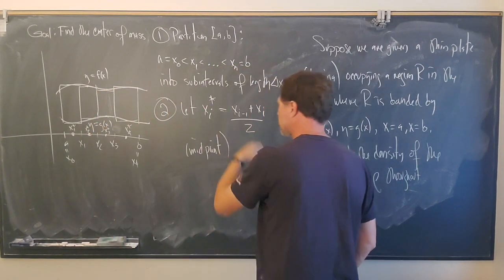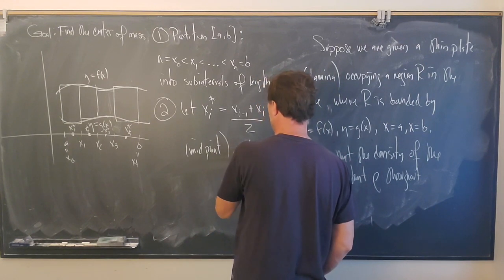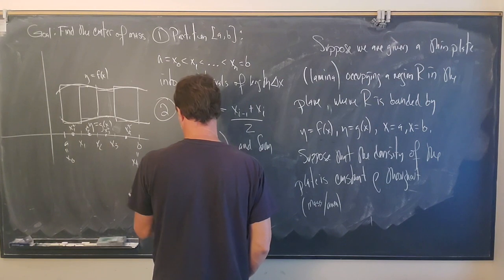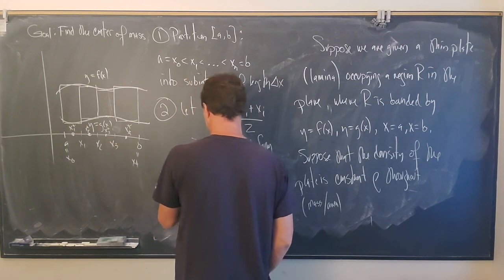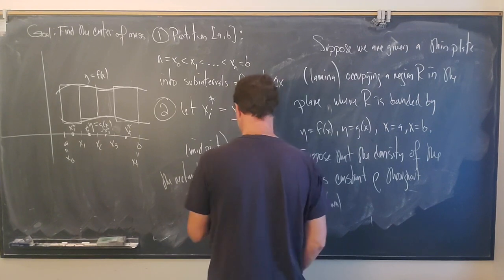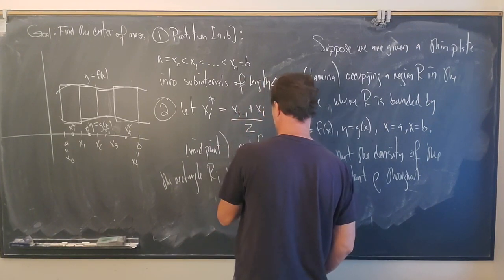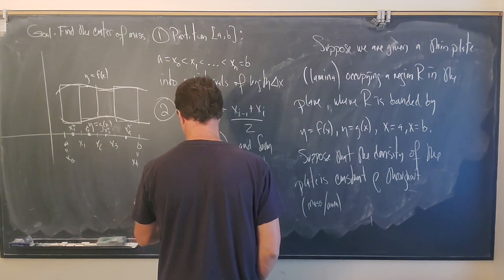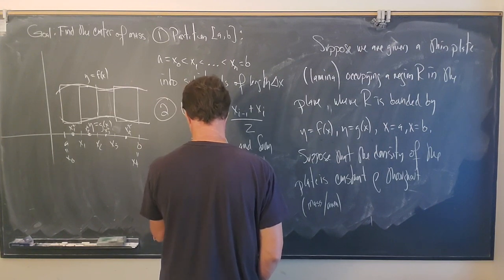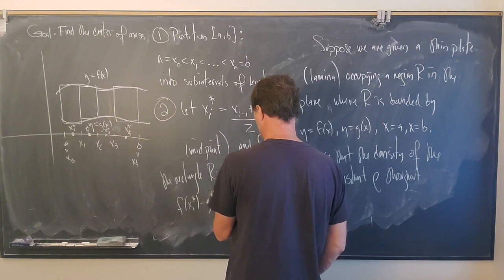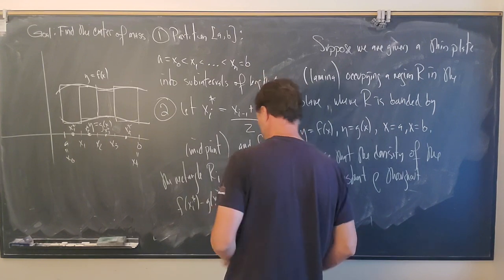Okay, so let me finish this and form the rectangle. Let's call it R sub i with height, well, the height will be f of xi star minus g of xi star, and base delta x.